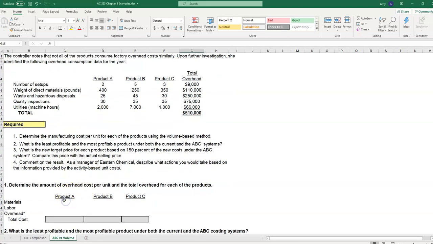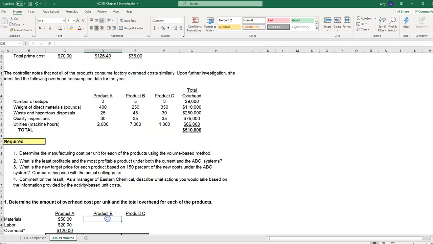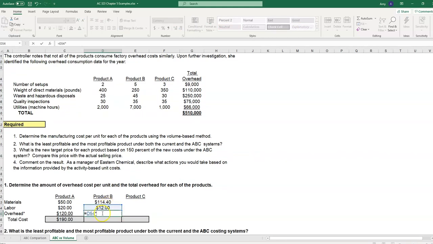So we have materials of $50, labor of $20, and then our overhead is our labor times 6 to get our overhead rate for product A, giving us a total cost of $190 for product A. For product B, we have direct materials of $114.40, direct labor of $12, and then our overhead allocation is the direct labor cost times our rate of 6.